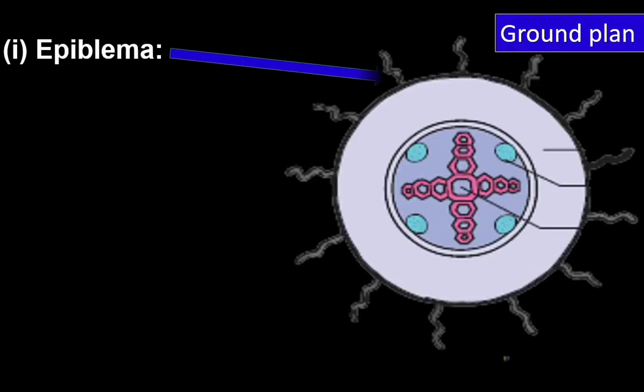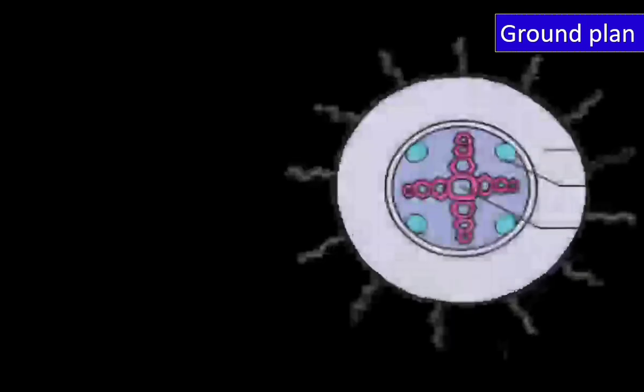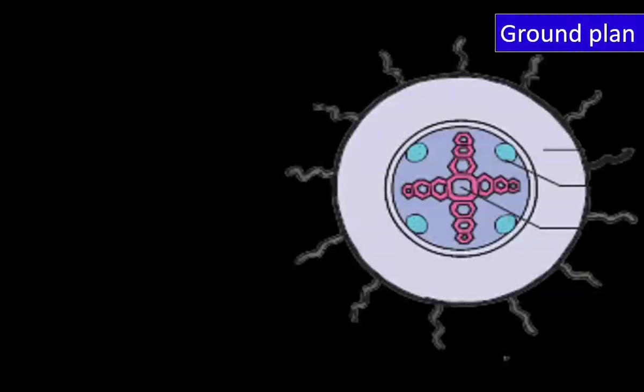This is the ground plan of the internal structure of Dicot root. The ground plan gives the outline idea. Let us mark the parts in this diagram.